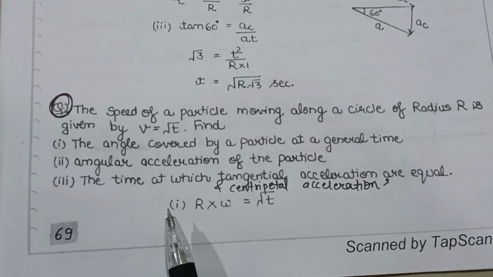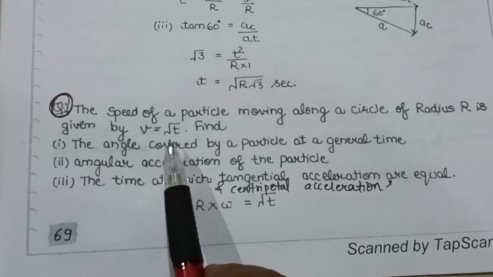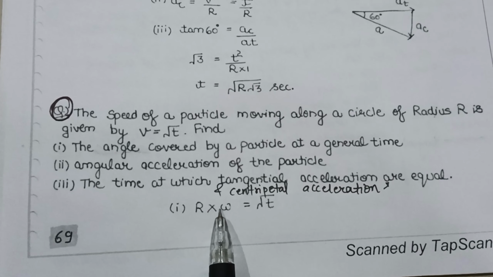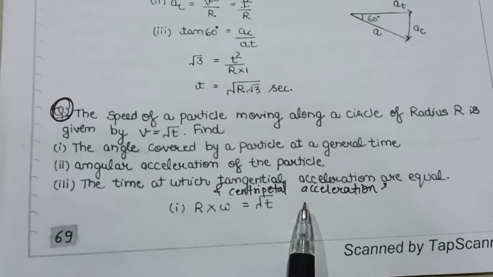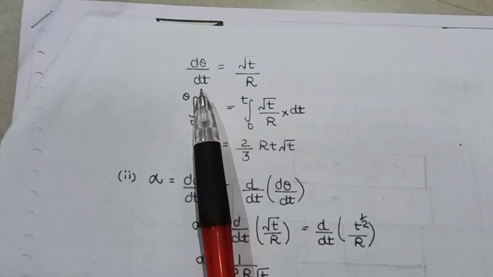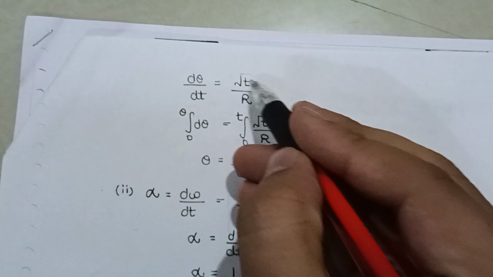Now let's find the solution of the first question, that is, the angle covered by a particle at a general time. Therefore, r into omega is equal to v is equal to under root of t. Therefore, d theta by dt is equal to under root of t upon r.